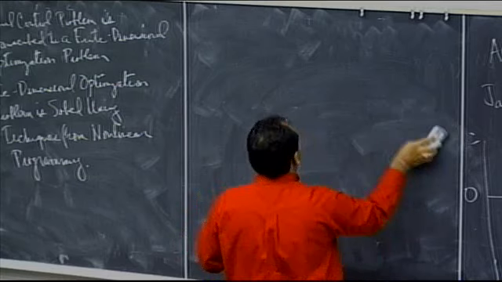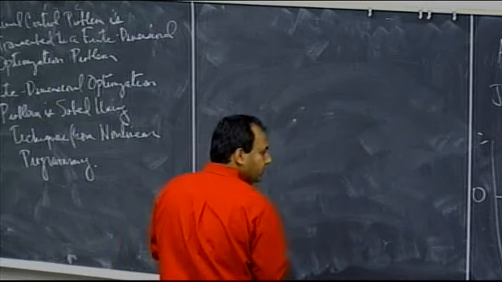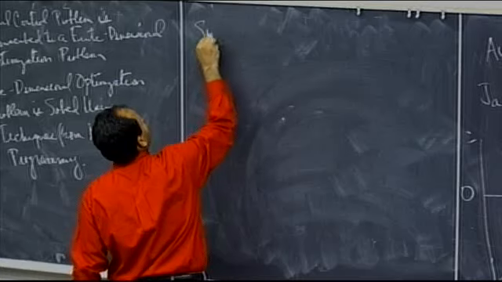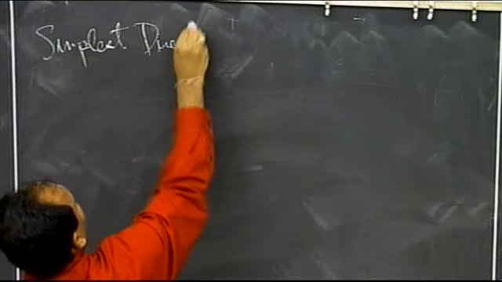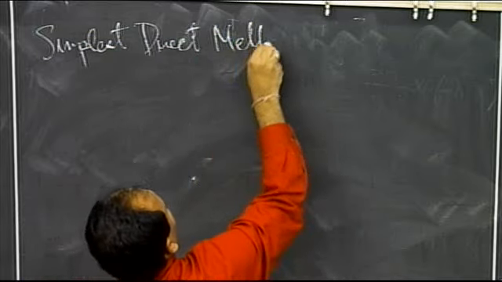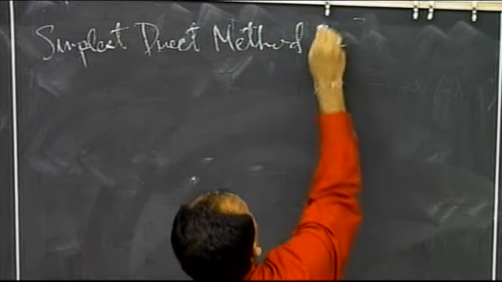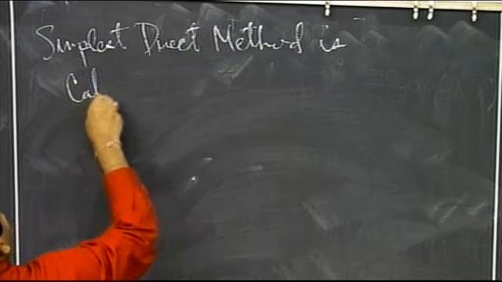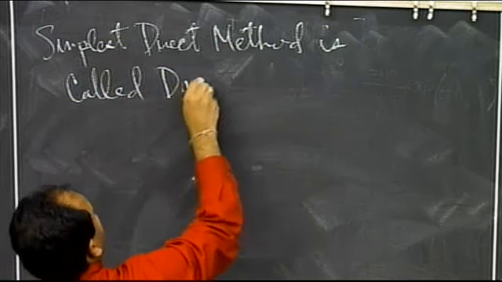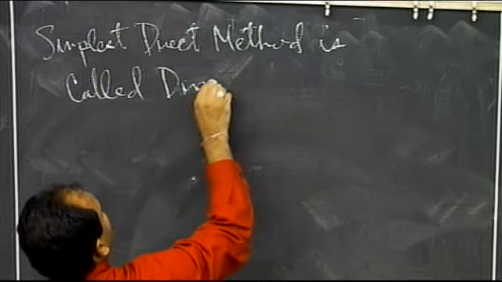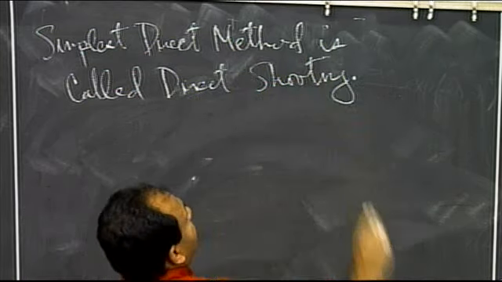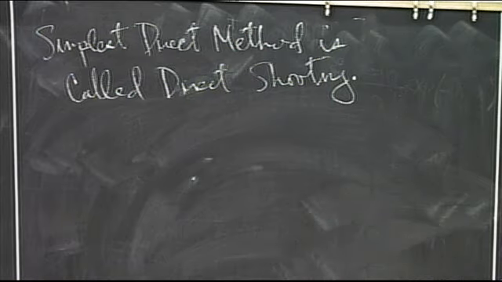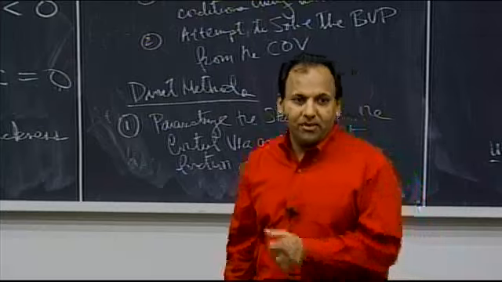So the simplest direct method is called direct shooting. Direct shooting is really simple. It's so simple that it's kind of stupid how simple it is.